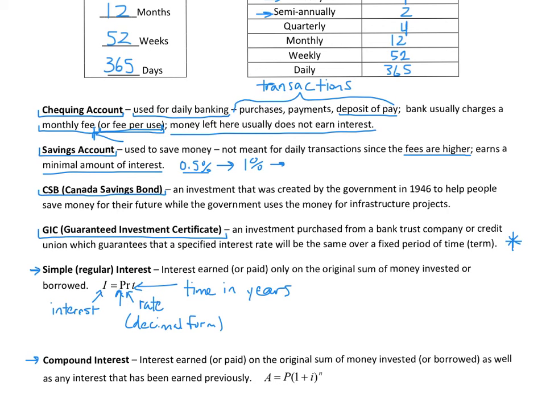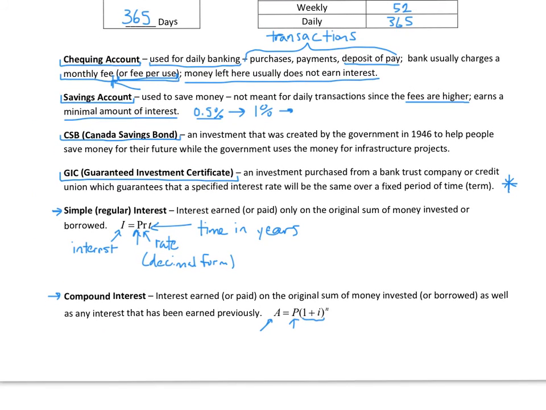Compound interest, you earn interest on the interest as well as your original sum of money. So this formula looks a little different. Your amount overall is equal to your principal times (1 + i) to the exponent of n. Now, that is your exponential function. This reminds me of y = a b^x.